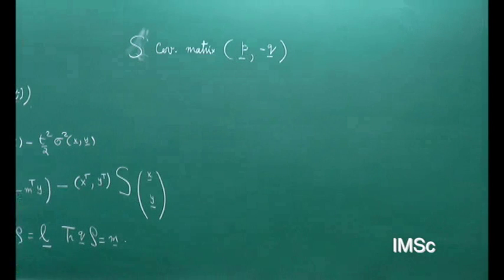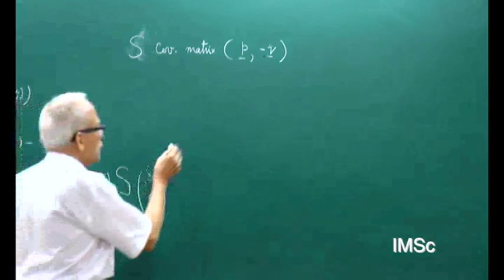So, we make the formal definition. Rho is a Gaussian state. So, what is the final definition?